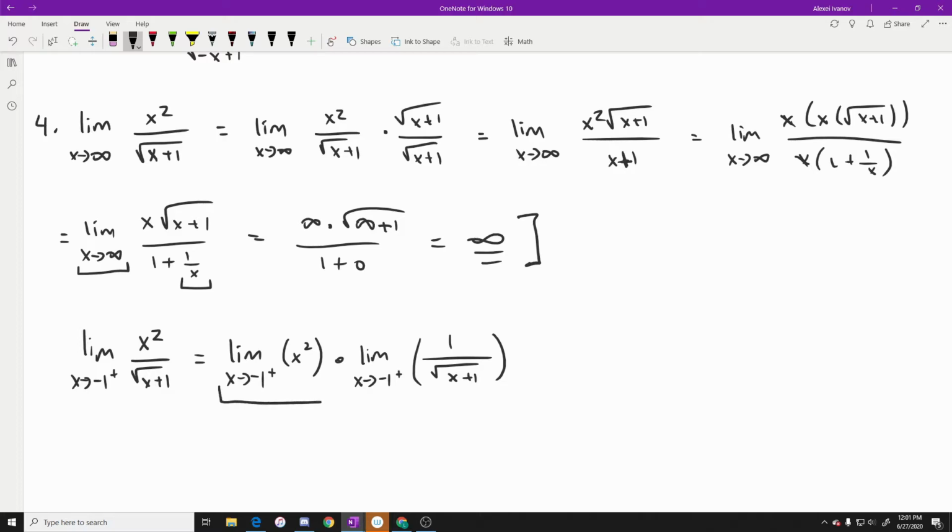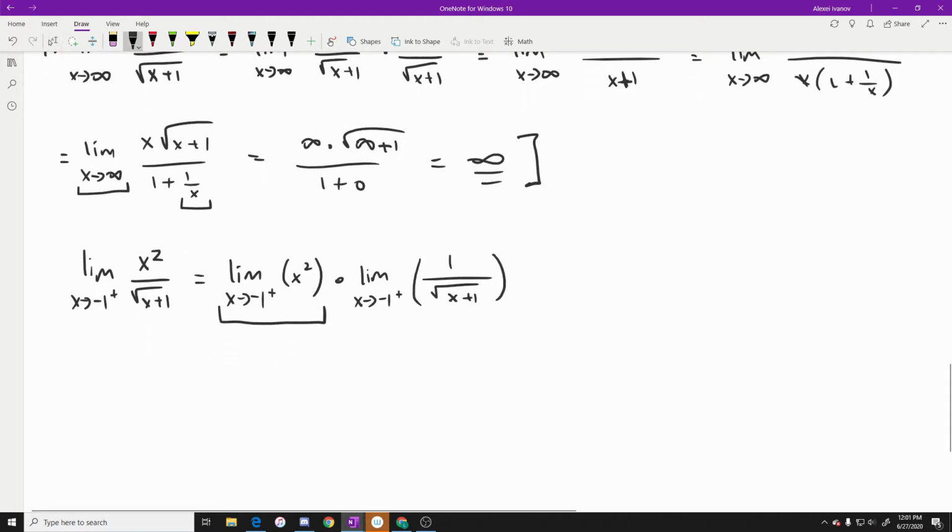So this first limit is going to evaluate to just 1 because if we plug in minus 1 into here, we're just going to get 1. This function is continuous, so we can just plug in minus 1 and get the limit. So this is going to equal 1 times the limit as x approaches minus 1 from the right of 1 over the square root of x plus 1.